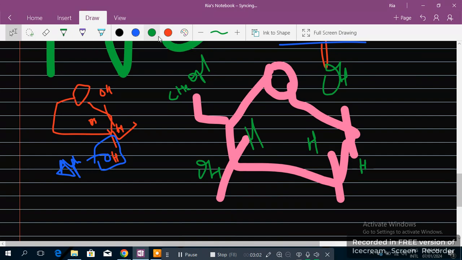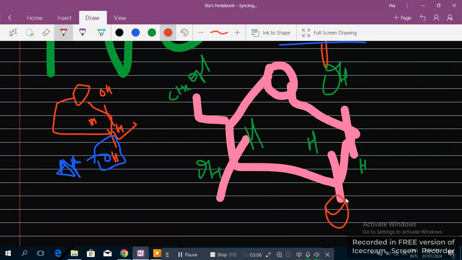So what I was just telling you is that here OH is present. This means this is alpha sugar. And we have done the difference between RNA and DNA. When you see on the second carbon of the sugar there is a change, when you see only H is present or only OH is present.